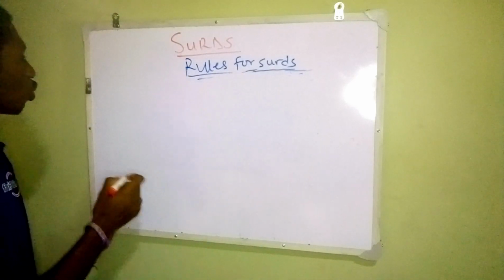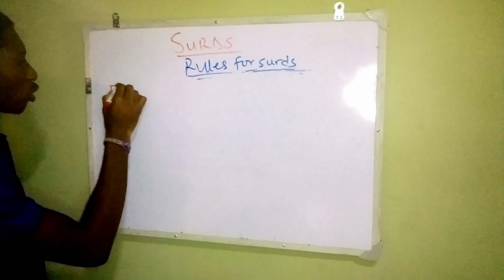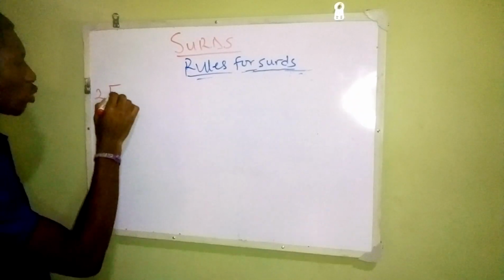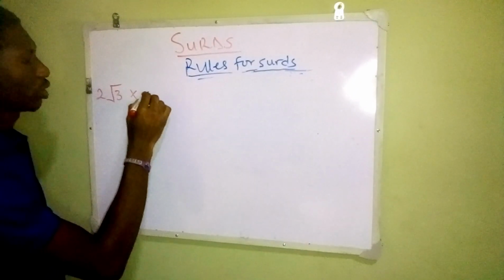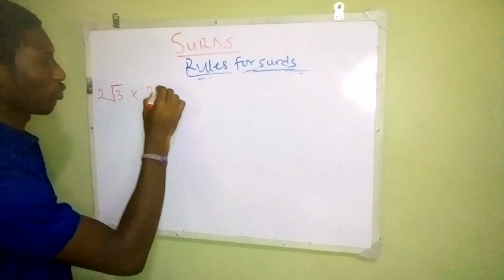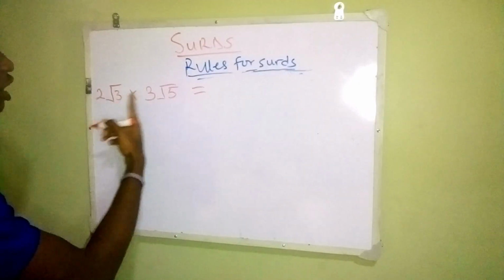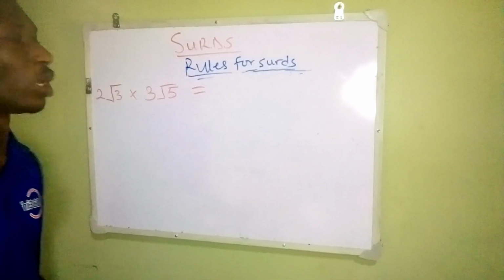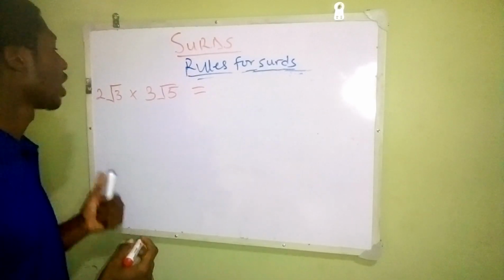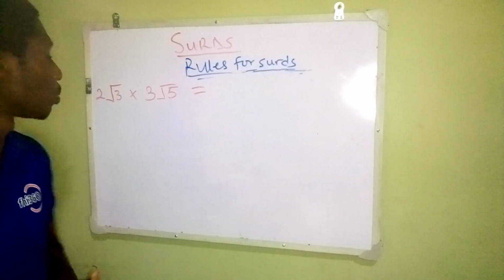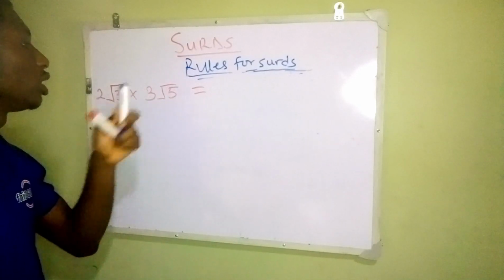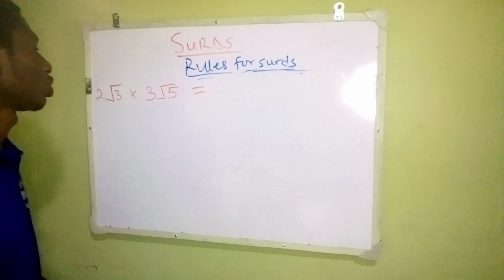For example, when we discussed 2 square root of 3 multiplying 3 square root of 5, if you notice, the terms within the square roots are not the same, but we still perform the multiplication. So for surds involving multiplication, the terms within the square root may not necessarily be the same.